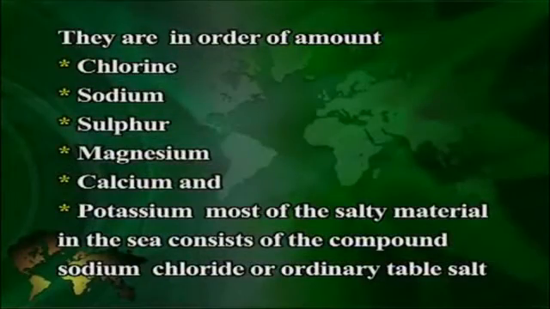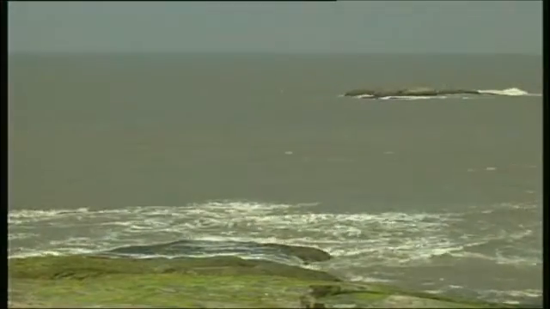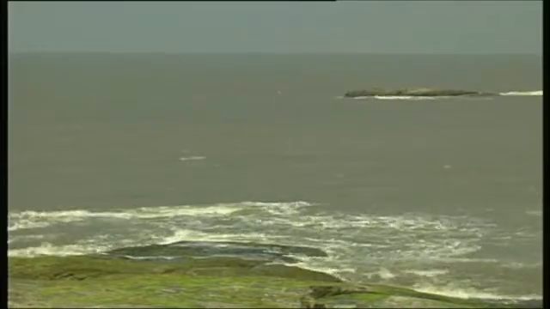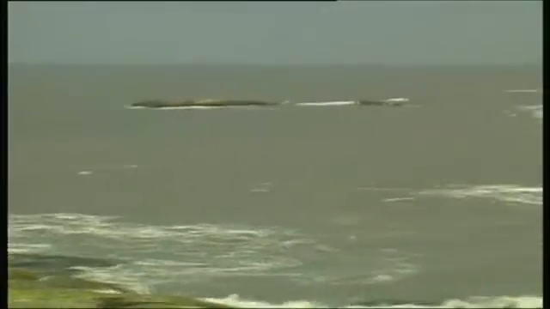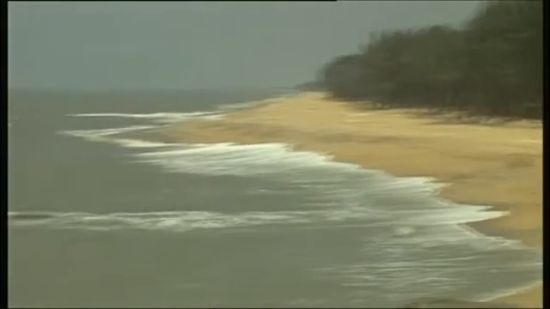They are, in order of amount, chlorine, sodium, sulfur, magnesium, calcium and potassium. Most of the salty material in the sea consists of the compound sodium chloride, or ordinary table salt. Oceans have an enormous amount of other resources. They include food, energy, minerals and medicines.